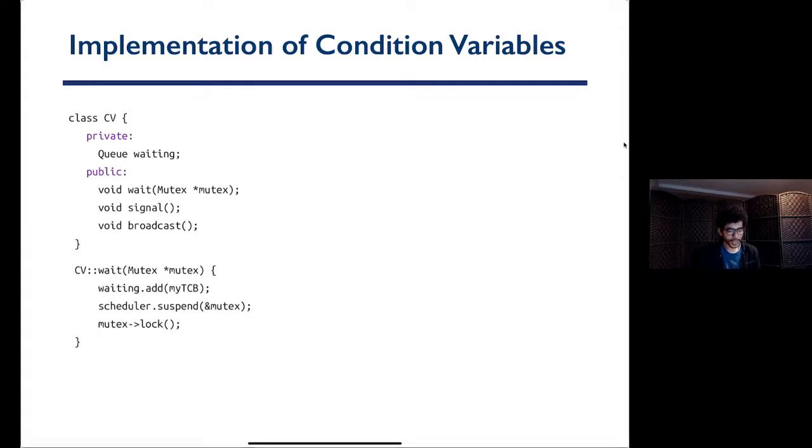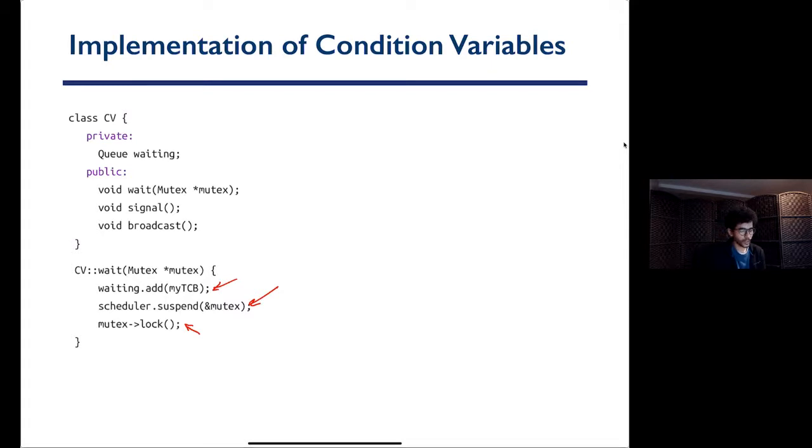So let's look at wait. It's going to first add the TCB to waiting, then call a scheduler suspend, which would release the mutex. And then right after it wakes up, it's going to lock the mutex again.